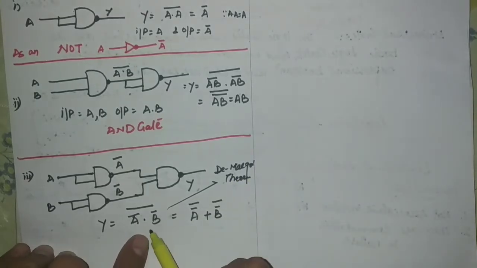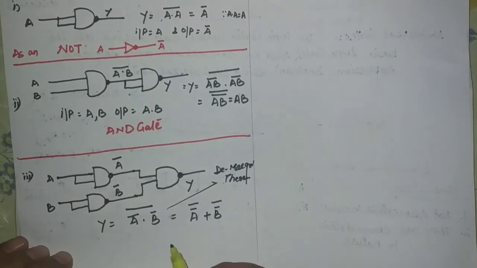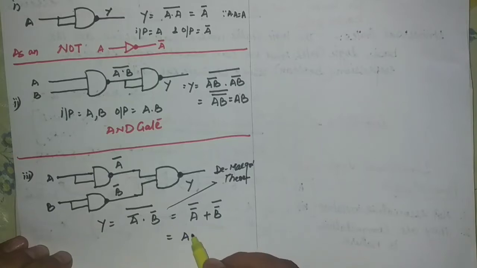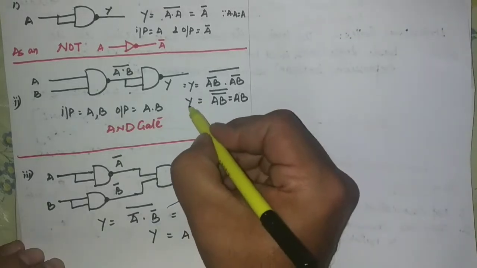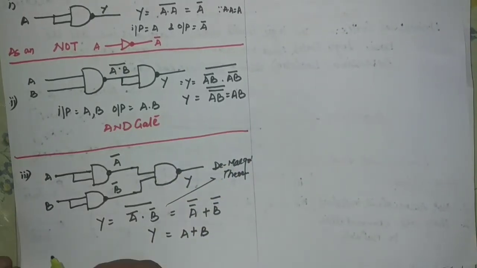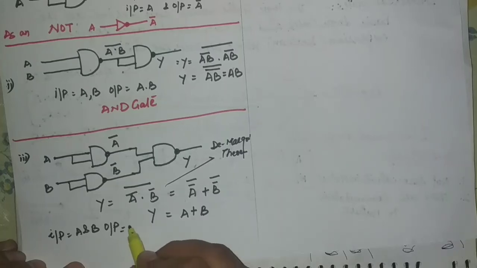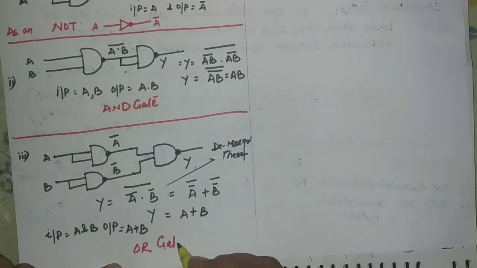What does it say actually? The complement of the product of two numbers is the sum of their complements. So this comes out to be A, because A complement's complement is no complement. So Y is equal to A plus B. So it means the input was A and B, and the output is A plus B. So we can say that now this is behaving like an OR gate.